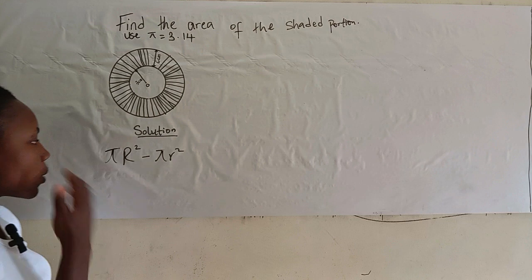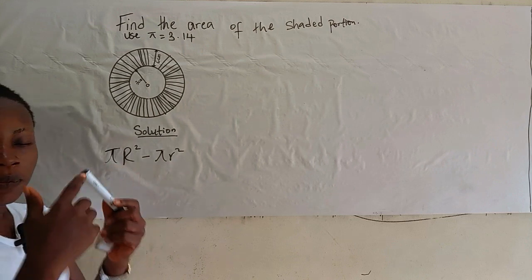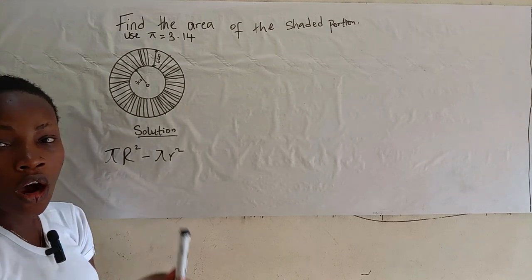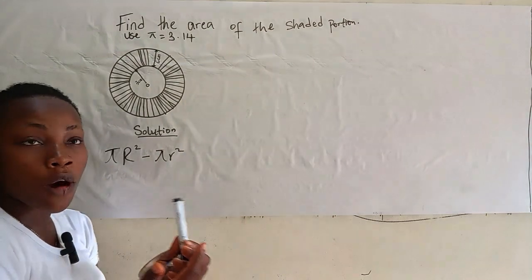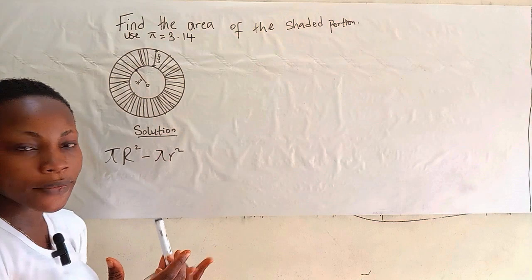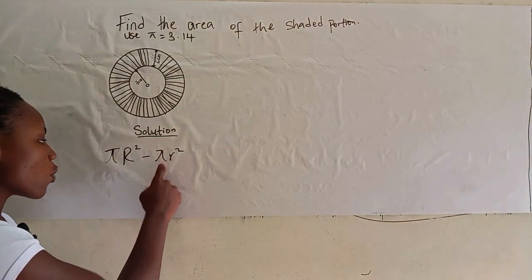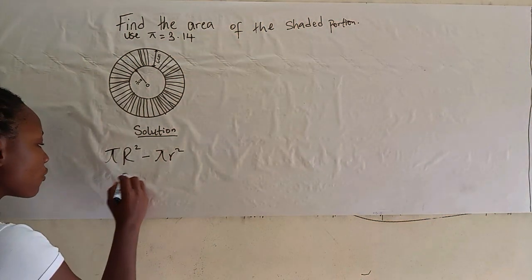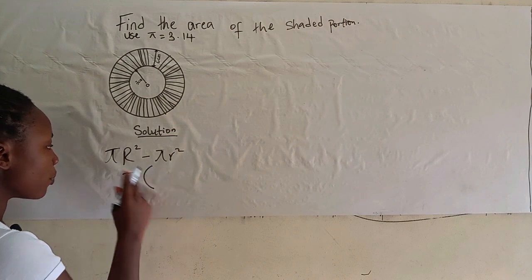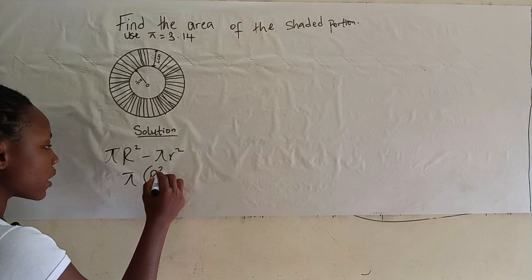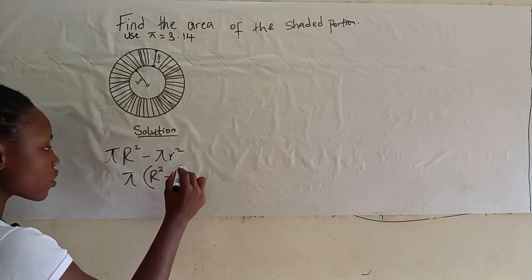Now if we watch here, we have a common factor, which is pi. We have pi here, we have pi here, so we are going to have pi, open bracket, big R squared minus small r squared.